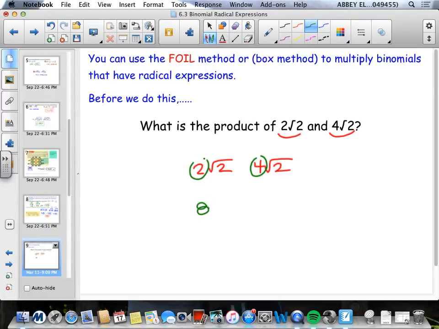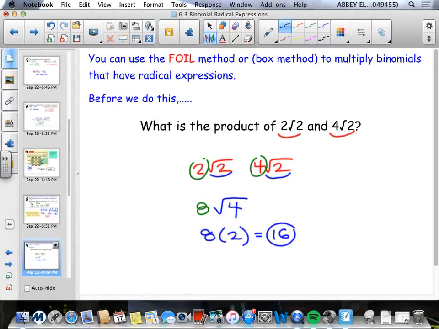And then I multiply the insides with the insides. I multiply what's under the radical with the other part that's under the radical. I have the square root of 2 times the square root of 2, which gives me the square root of 4. And I can take the square root of 4, which is 2, so this gives me 8 times 2, which is equal to 16.